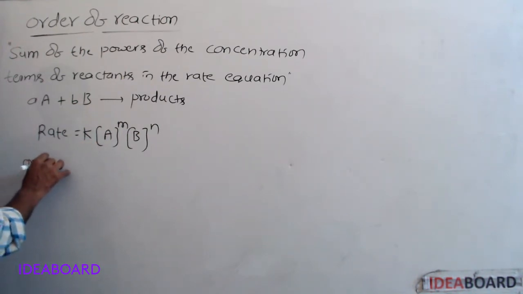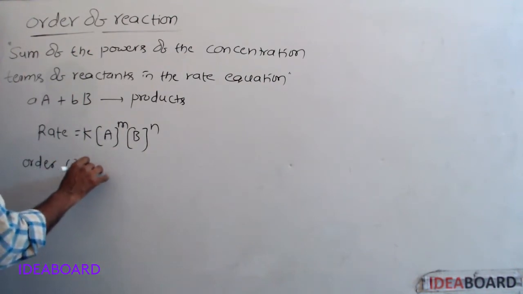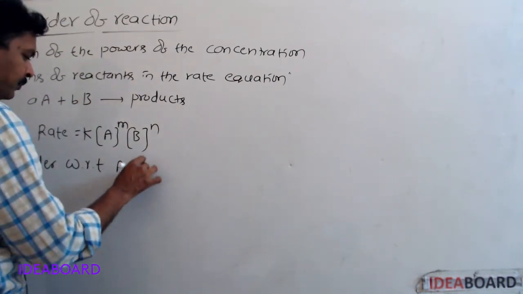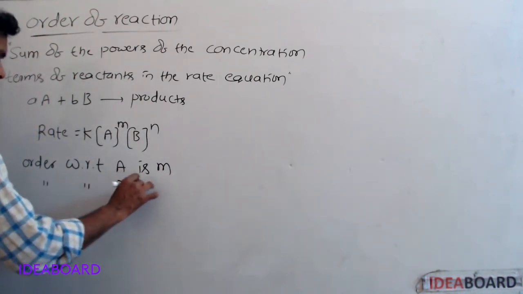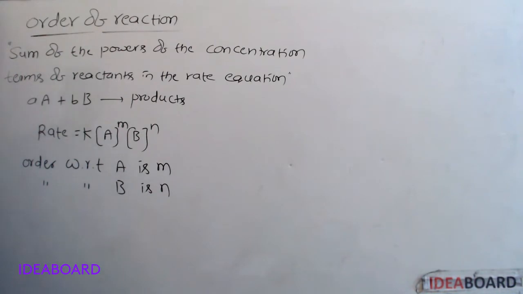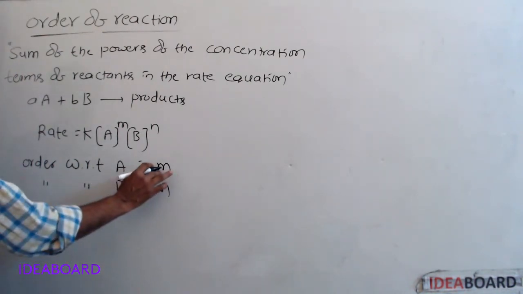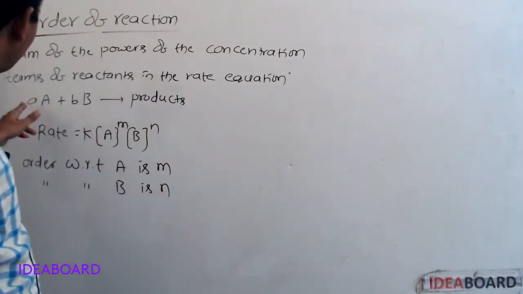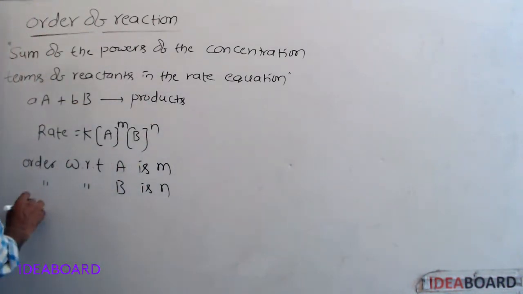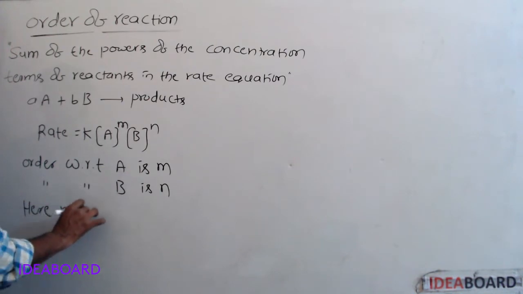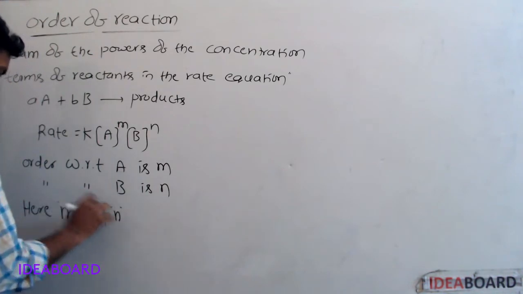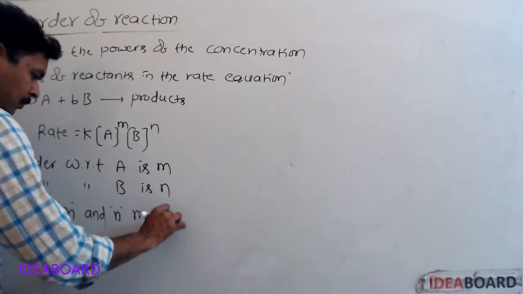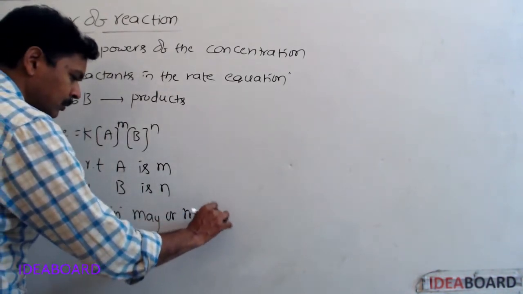Order with respect to A is m. Order with respect to B is n. Here m and n may or may not be equal to a and b.